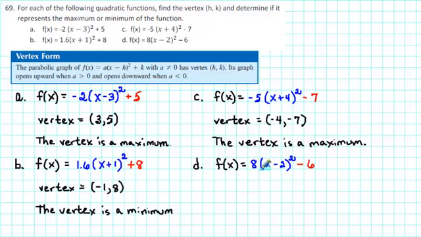So the x-coordinate of the vertex is 2. When we substitute 2 for x in the function, the result is -6. So the vertex is (2, -6). Our a value of 8 is positive, so the parabola opens up. Our vertex is a minimum.